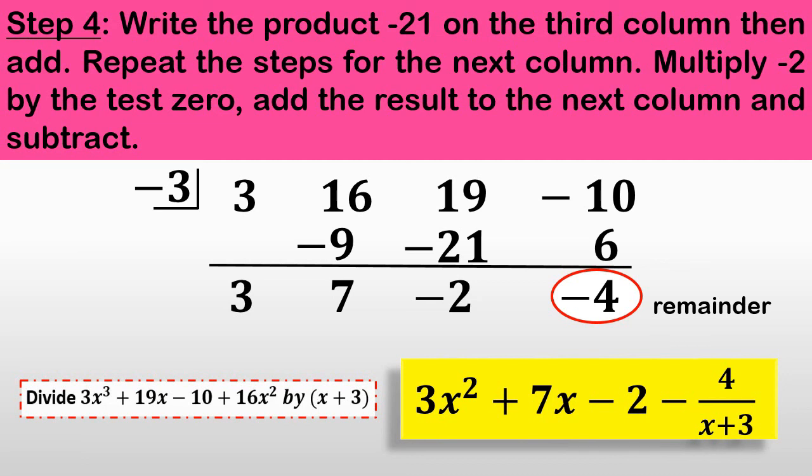So, therefore, the quotient that we have now here is 3x squared plus 7x minus 2 minus 4 over x plus 3. So, kung natatandaan nyo, ang ating quotient sa synthetic division ay the same sa quotient ng ating long division method. So, it means parehas lang ang lalabas na sagot kahit alin sa dalawa ang ating gamitin.